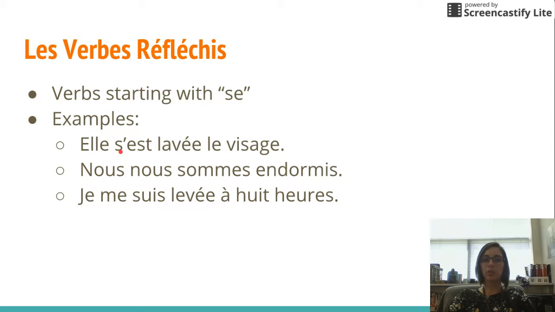So we have elle, se, nous, je, me. And then to make it in the past tense, you need your conjugation of être, right here for your auxiliaire. And then your past participle, laver, endormi, and lever.